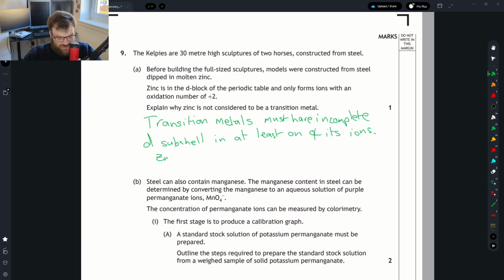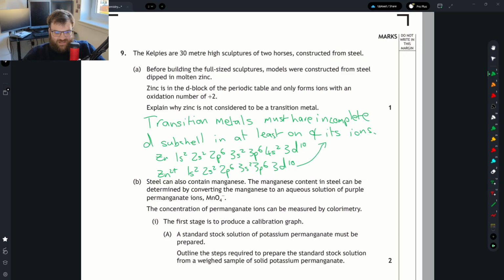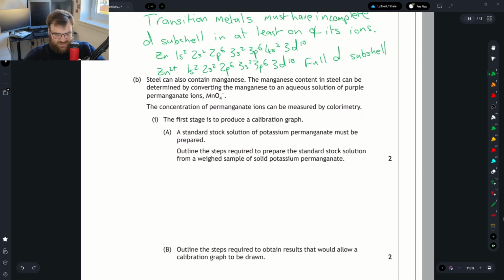Going through the usual process about the electrons, we'd get 1s2, 2s2, 2p6, 3s2, 3p6, 4s2, 3d10. The Zn2+, they lose the 4s before the 3d. And that's showing that Zn2+ has a full d subshell. It says that's the only ion that they form. So that'll be why it's not considered that.